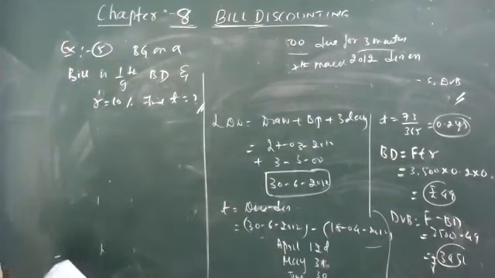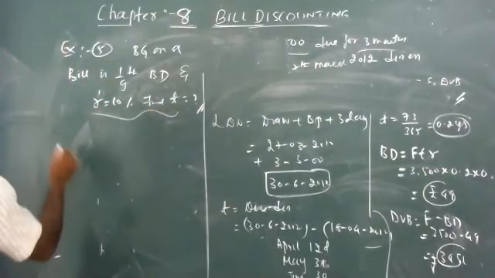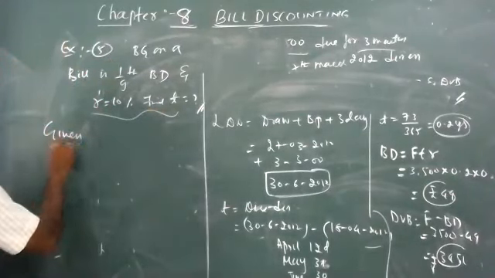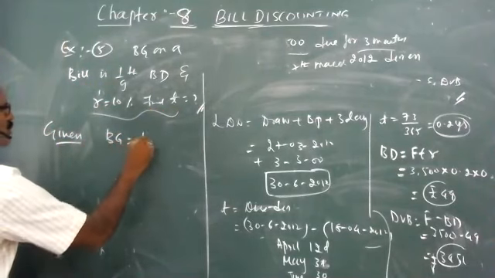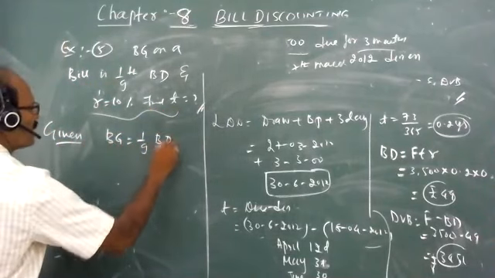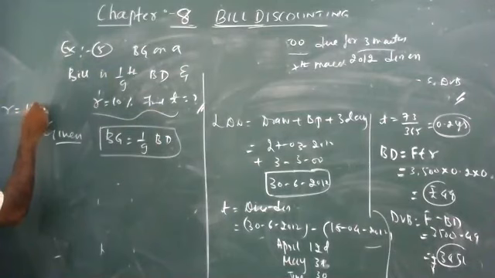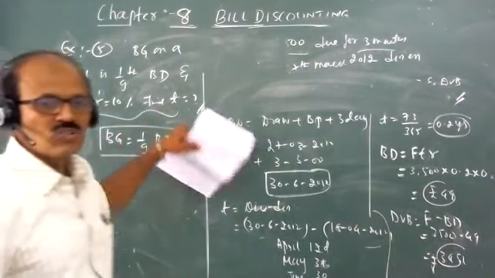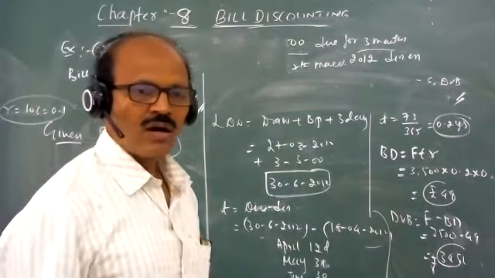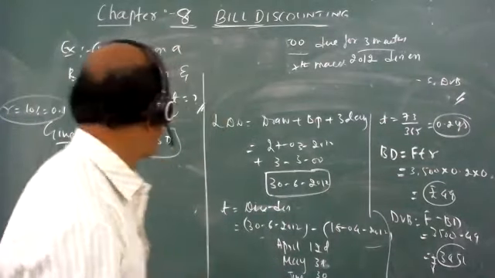It is given that banker gain is equal to 1/9 of banker discount. R is given as 10%, that is 0.1. You want to calculate the discount period of the bill. We calculate it here.